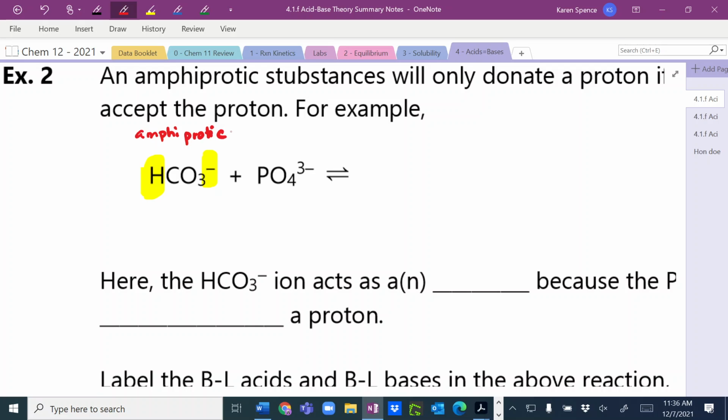What do you guys think? Acid, base? Has to act as an acid. Who's it going to accept a proton from? No one. Nobody else has a proton. So it must act as an acid.